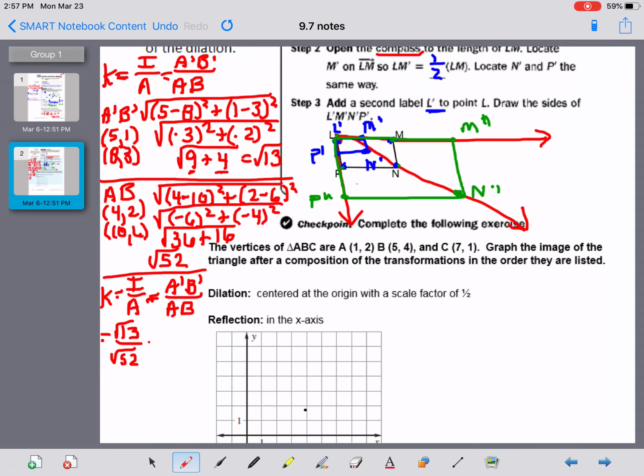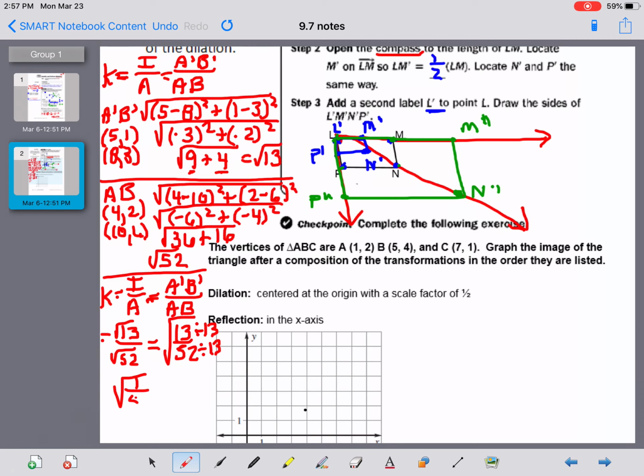If I have two radicals with a division in between them, I can make it one radical and put the division inside that radical. Well, that gives me a fraction, and if I think of the numbers 13 and 52, both of them are divisible by 13. So if I divide both of them by 13, I get 1 over 4.